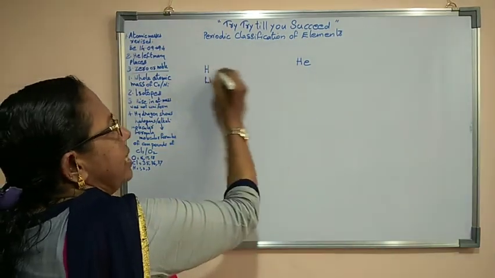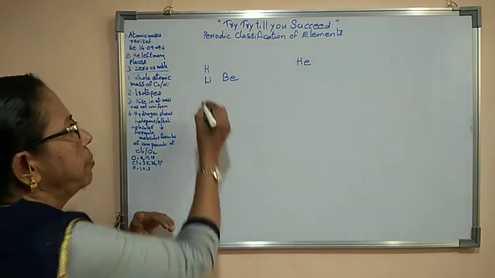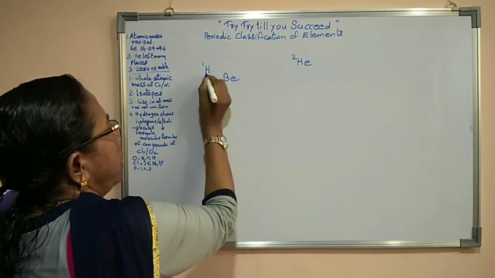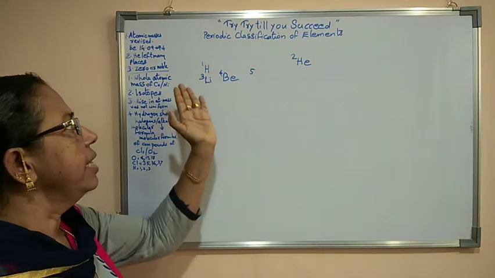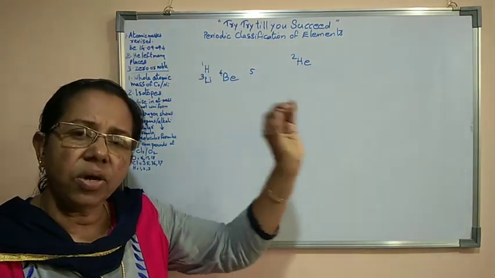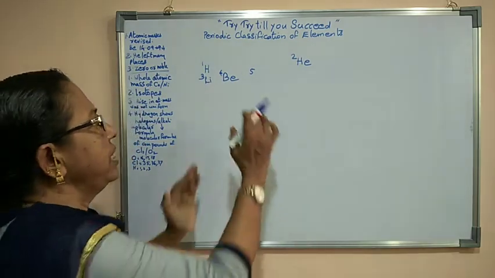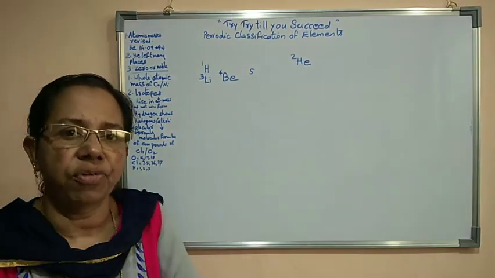Here the difference in their atomic mass number was not uniform. Suppose here atomic mass number is 1, then here atomic mass number 2, then 3, 4, 5. If that is there, we can say he arranged the elements in increasing order of their atomic mass, and the difference between two elements is uniform.